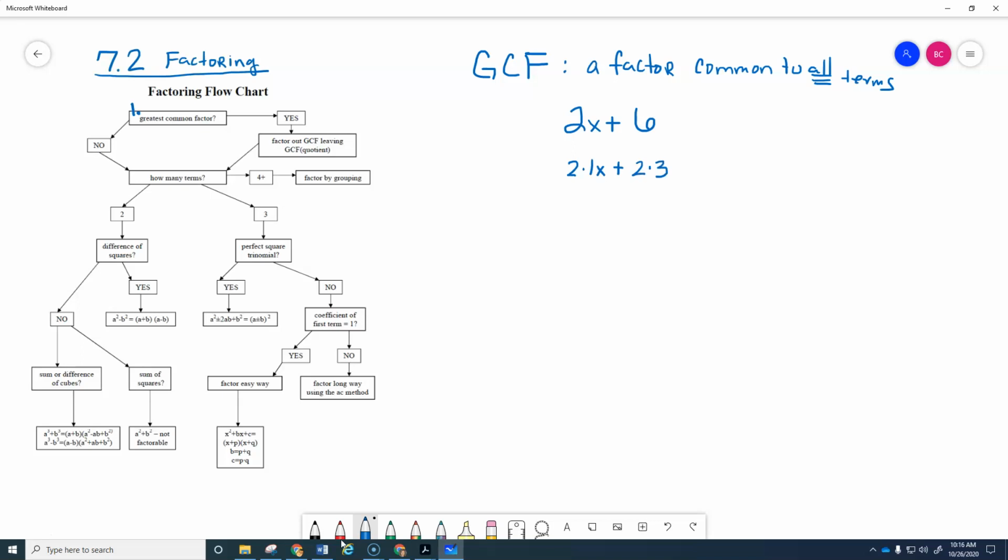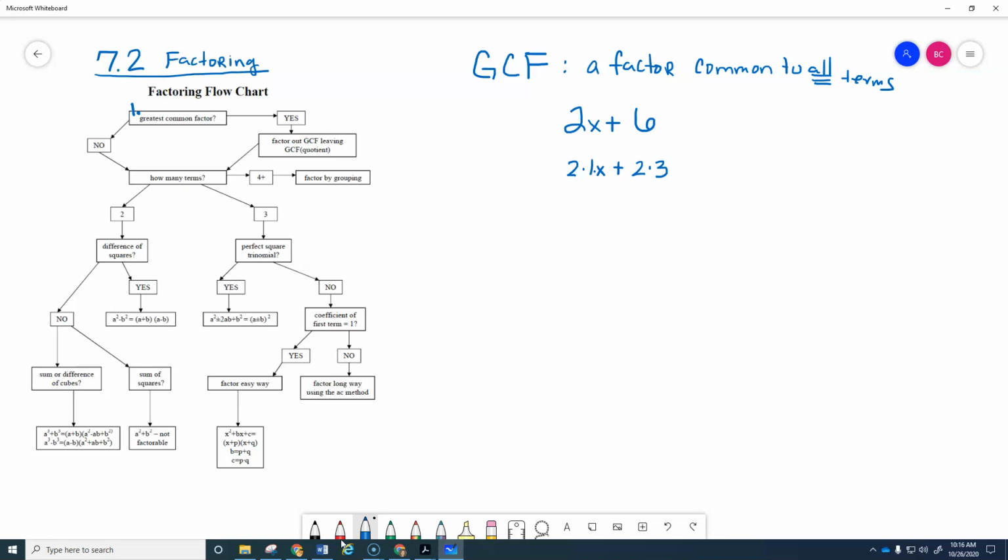So it has to be done, whether it's done on paper or in your head. It doesn't matter. But I'm going to take this 2x and I'm going to write it down as 2 times 1 times x. And then I'm going to take this 6 and I'm going to write it down as 2 times 3. These are the factors of this first term. These are the factors of this term. And I'm looking for a factor that's common to all terms.